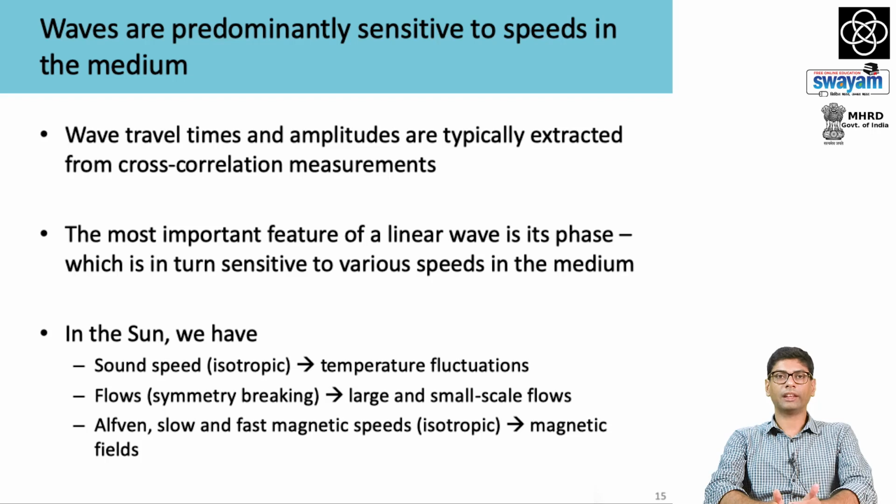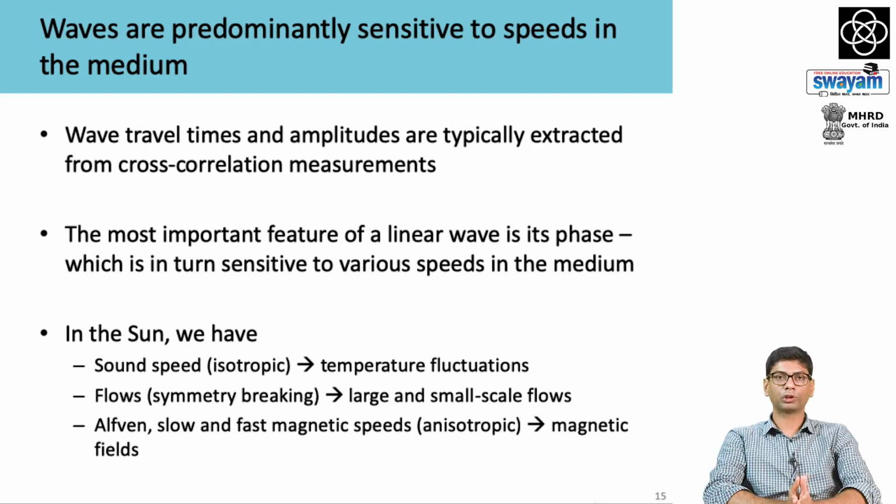And so there is a breaking of symmetry in the direction of propagation. If the wave were going perpendicular to rotation, it's probably not going to sense the rotation, and so it won't really have any travel time shift. So in that sense, it's symmetry breaking and depends on the angle of the wave with respect to the flow. And from this symmetry breaking, we can measure large and small scale flows inside the sun.